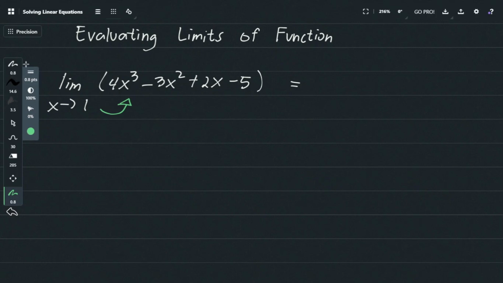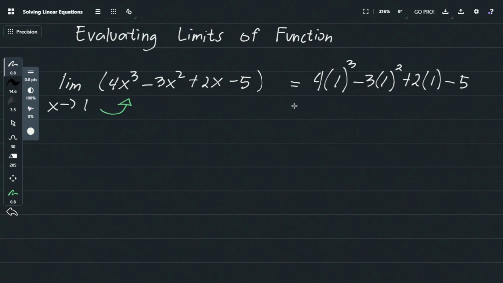Okay, so we have 4 times the value of x cubed, minus 3 times the value of x squared, plus 2 times the value of x, which is 1, minus 5.